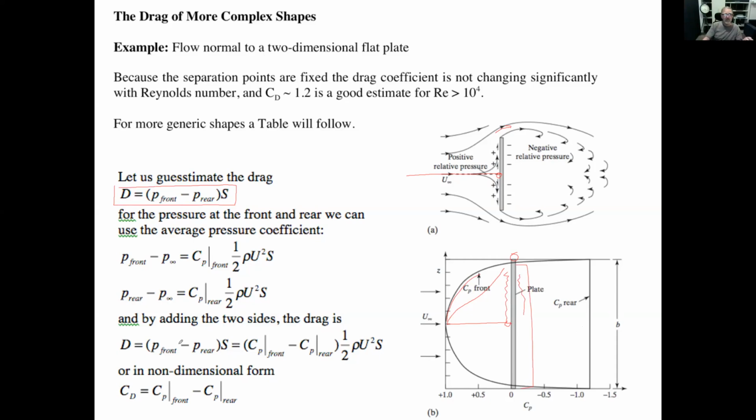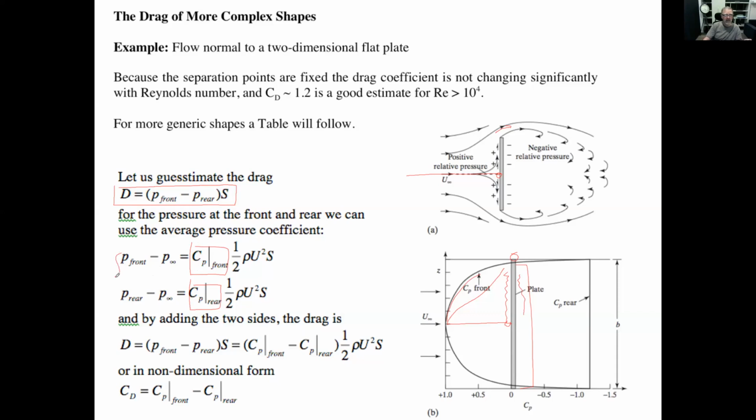So if I figure out what is the average Cp up front, and I figure out what's the average Cp in the back, then just based on the pressure coefficient definition, this is the difference. So P minus P infinity equals half rho V squared Cp. And then what is the drag?